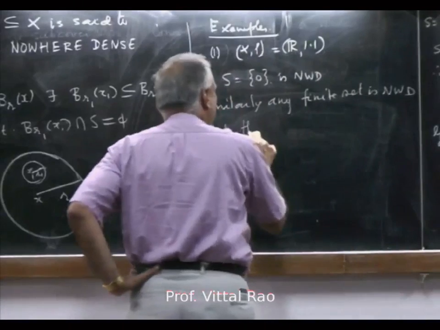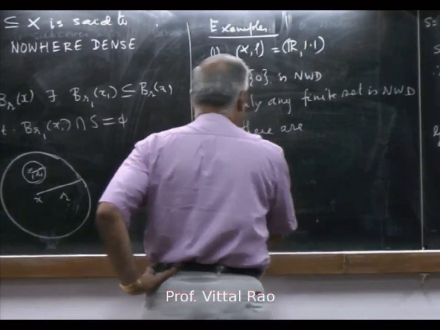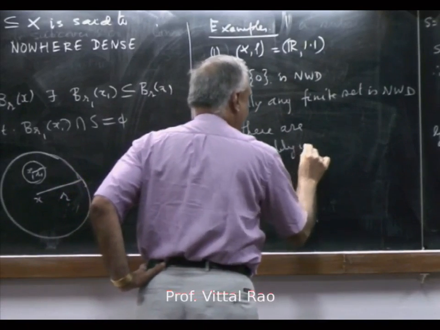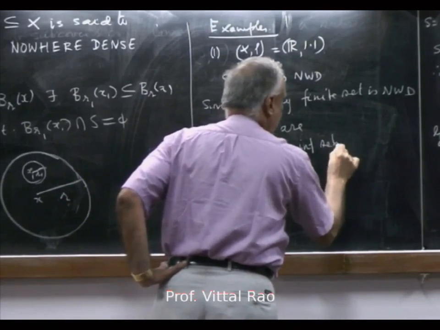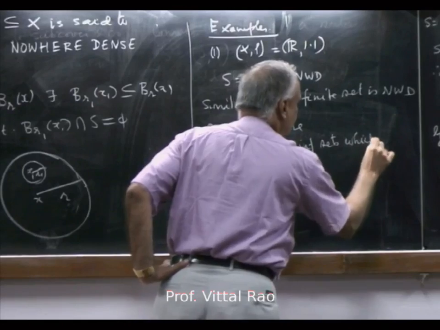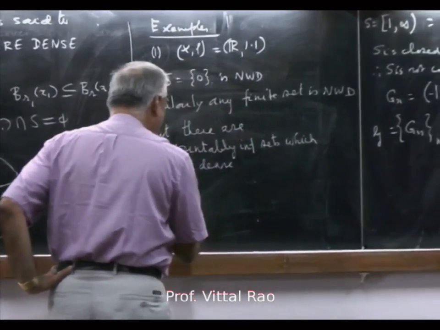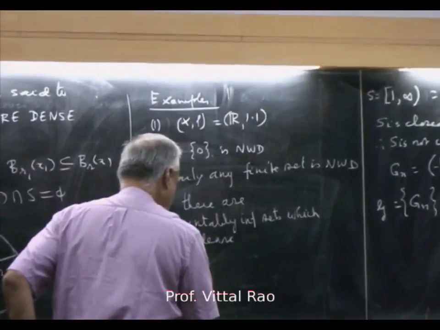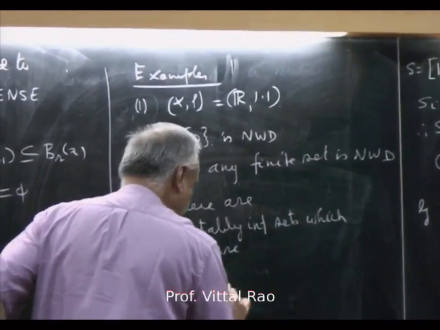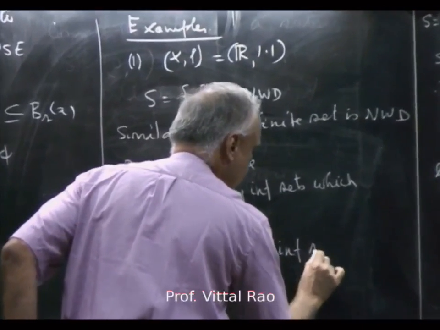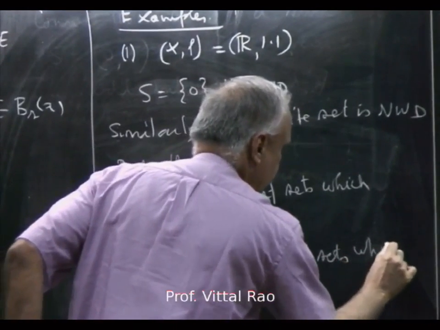But there are countably infinite sets which are dense, and also uncountably infinite sets which are nowhere dense.